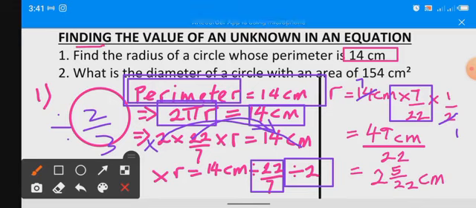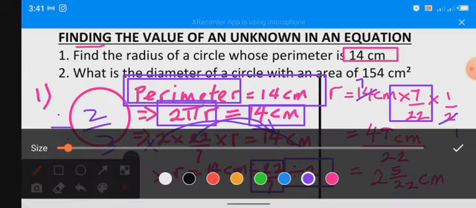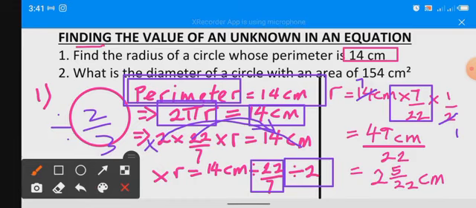Now this divided by 2 becomes times 1 over 2, because divided by 2 is the same thing as divided by 2 over 1. Divided by 2 over 1 becomes times 1 over 2.